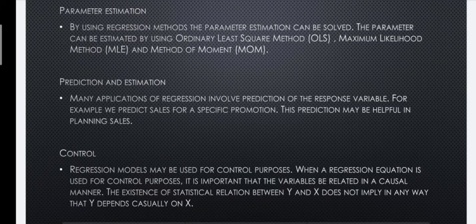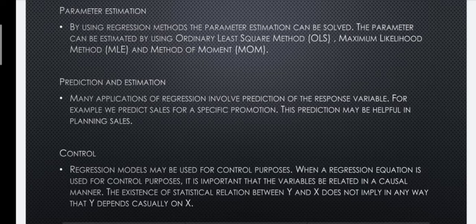Okay, so untuk regression analysis macam tadi we will create the model ataupun we create the equation. So dalam equation tu akan ada parameter. Okay, by using the regression method, the parameter estimation can be solved. Kita kena estimate the parameter first. Let's say tadi y equal to beta naught plus beta 1x, so the parameter will be beta naught and beta 1, right?